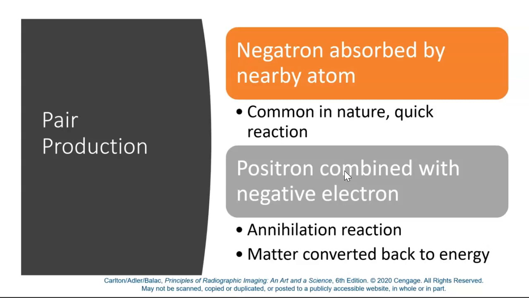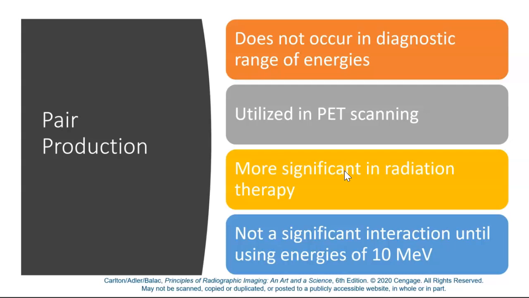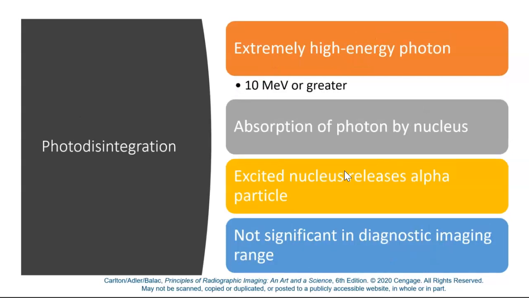Common in nature and quick to react, the positron combines with another negatron, and they have this annihilation reaction, and the matter is converted back into energy. So it does not occur in the diagnostic range, and it is utilized in PET scanning. It's more significant in radiation therapy and not a significant interaction until energies reach 10 MeV. Important that you know that.